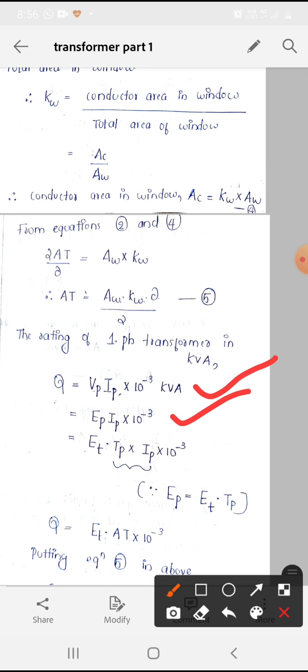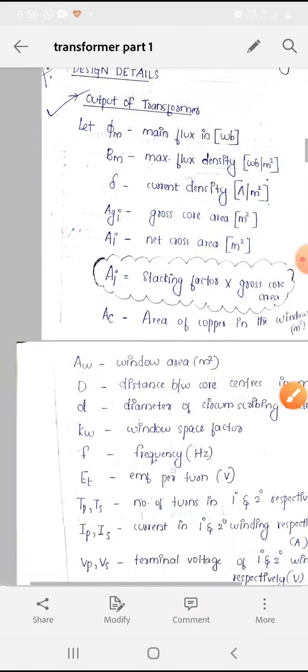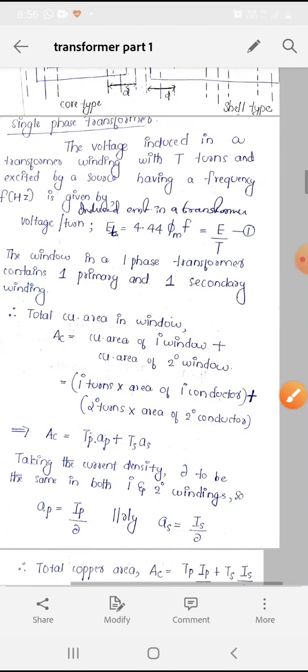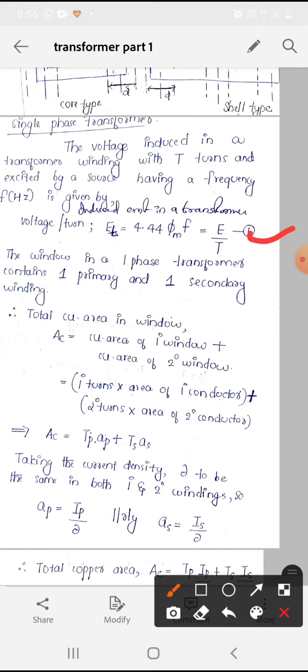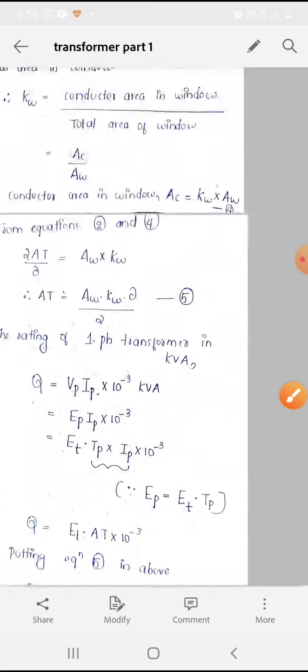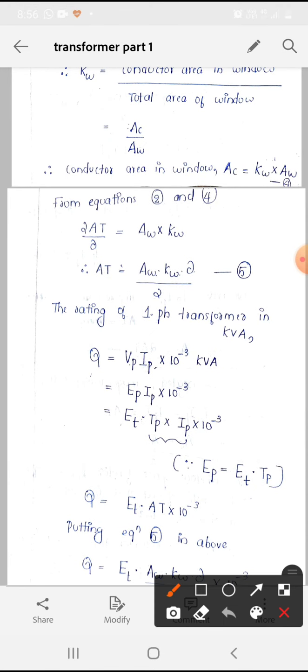Now, this EP we can write as EP is equal to ET into TP. So, in the first equation it is already given, see, this ET, the induced EMF per turn in the transformer, ET is equal to E by T. From here, we got this equation as EP is equal to ET into TP.